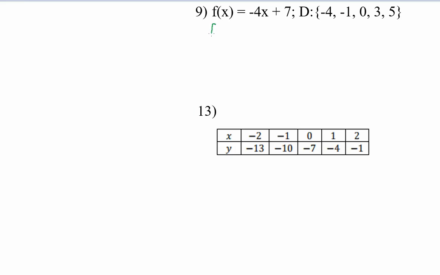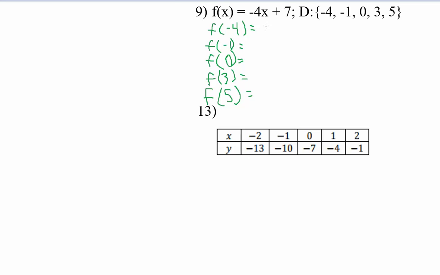So we're trying to find f of -4, f of -1, f of 0, f of 3, and f of 5. And notice they're inside of the parentheses, so they have replaced our x value.